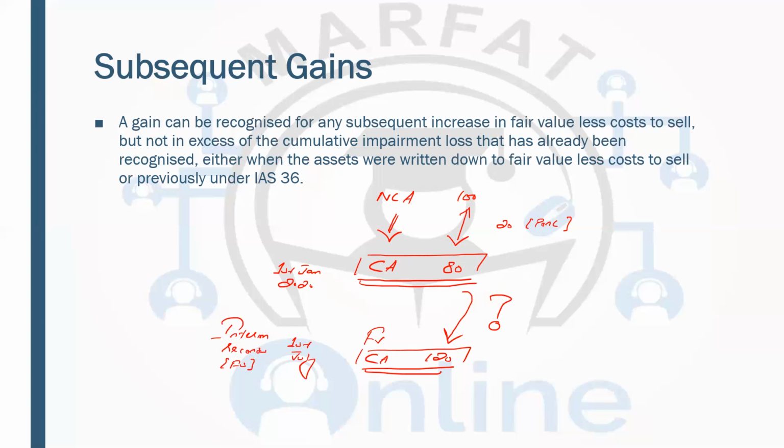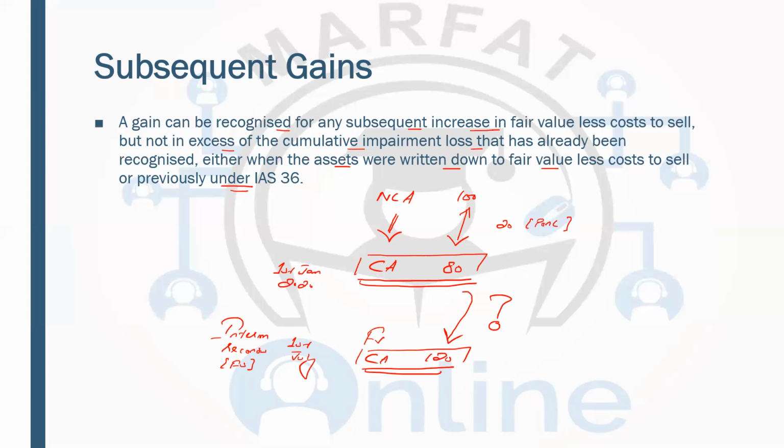So what does the standard say regarding this? A gain can be recognized for any subsequent increase in the fair value. Subsequent increase means after classifying that asset as held for sale, but not in excess of the cumulative impairment loss that has already been recognized, either when the asset was written down to fair value less cost to sell, or previously under IAS 36.